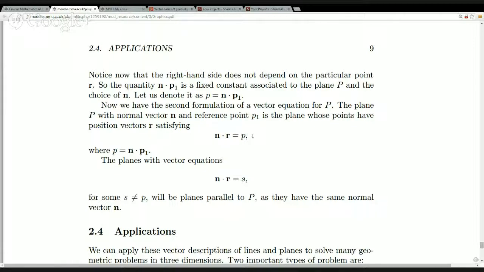If you increase p, that will move the plane off in one direction, but keep it parallel to the original plane. If you decrease p, that will move the plane away from the original plane in the other direction. Again, there's this nice connection between these parameters and the geometry of the situation.